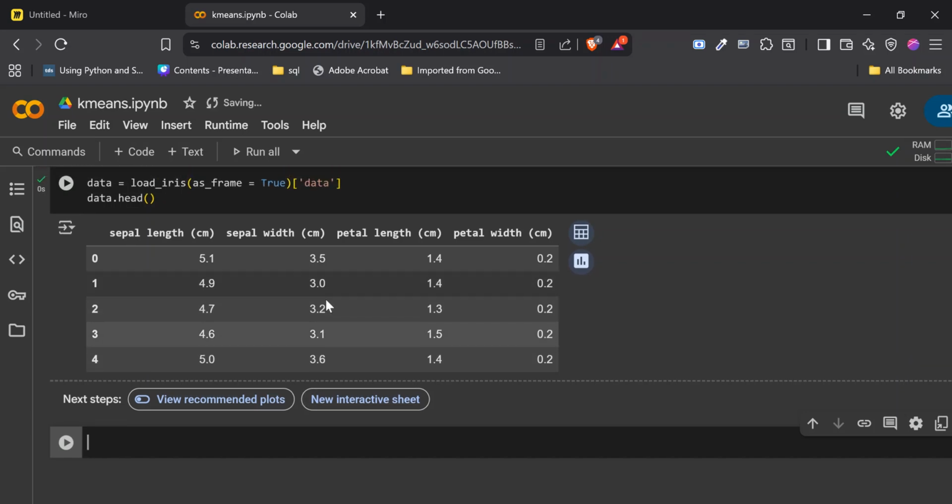So we want to cluster all of these different flowers into a given number of groups. Let's say 3 groups. We want to say, okay, take this entire dataset, which has information about flowers.